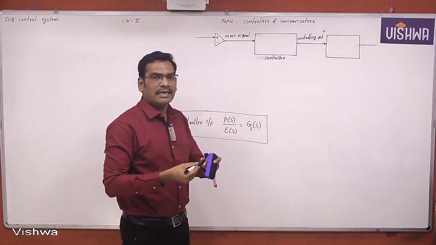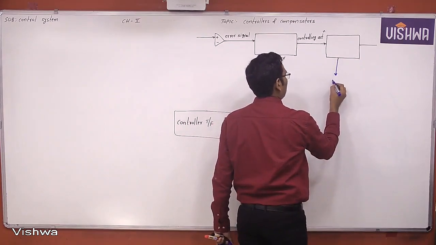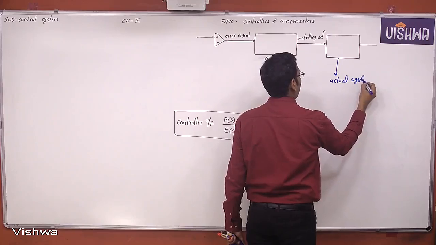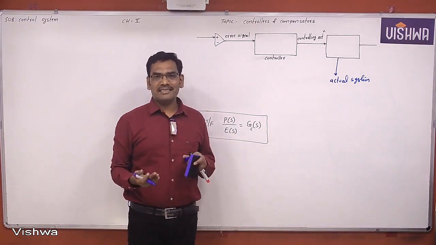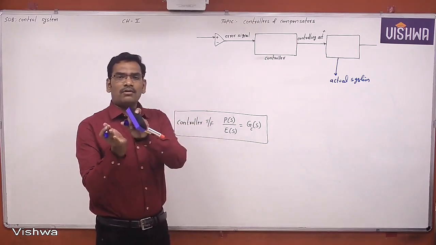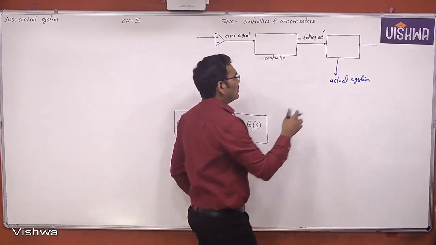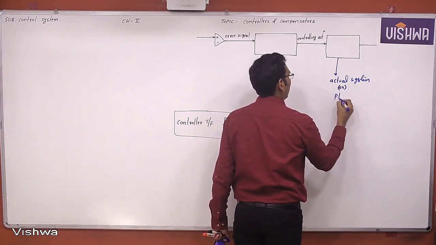Some of you are asking about the actual system. These are different names. Previously I said the controller will control the transient and steady state behavior, so that now applies to the actual system. So this is the actual system, or practically it is called a plant.